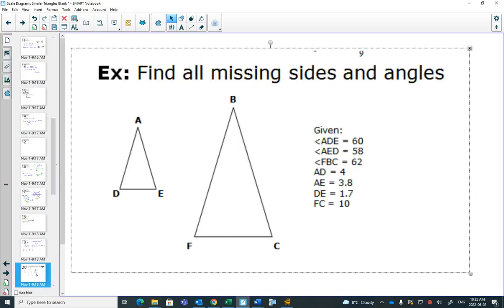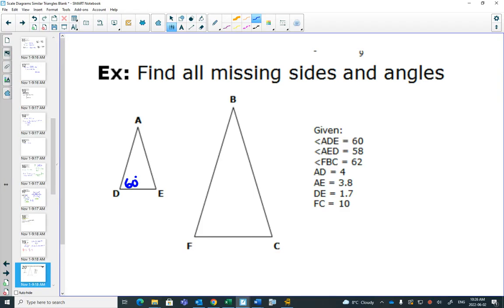Okay. First thing I want you to do is on here, label everything that's given. So ADE is 60 degrees. Where do I put that 60 degrees? ADE would be right there. Label the 60 degrees. Next, AED is 58 degrees.